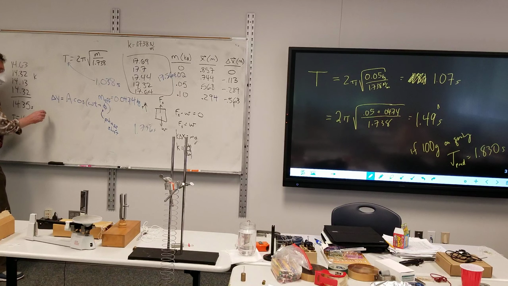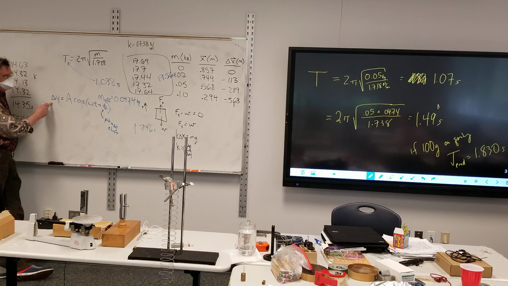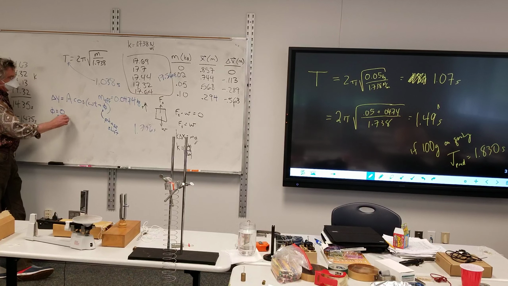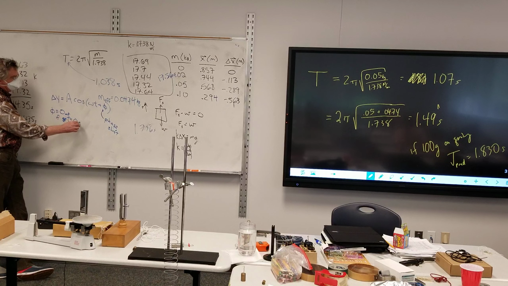But if we're at our maximum value at time equal to 0, the phase shift is 0. So phi is equal to 0. If at t equals 0 seconds, delta y is equal to the maximum value, the amplitude.